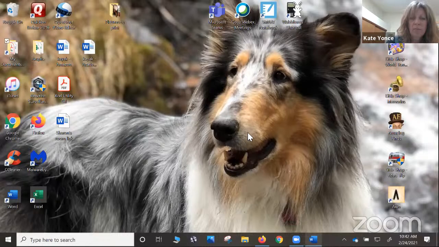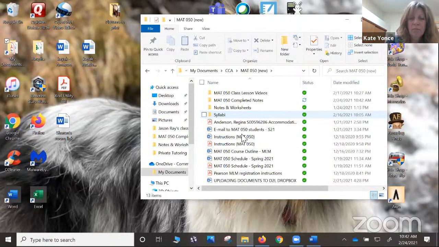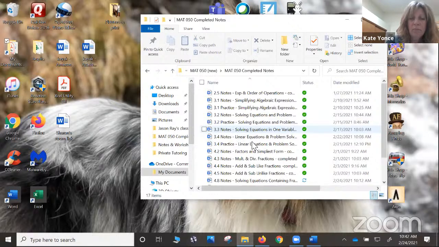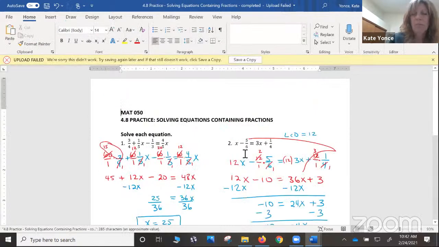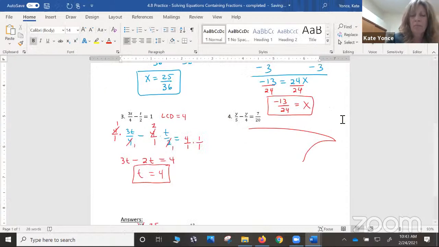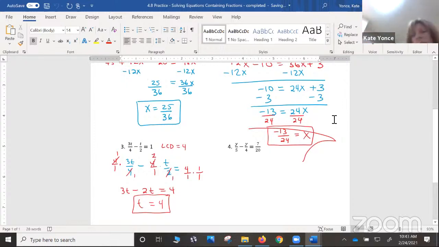I got 4y minus 5y equals 7, and then negative 1y equals 7. And then you do plus 1, so it's just y.